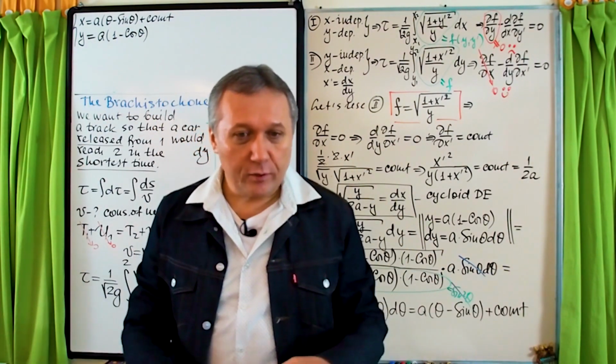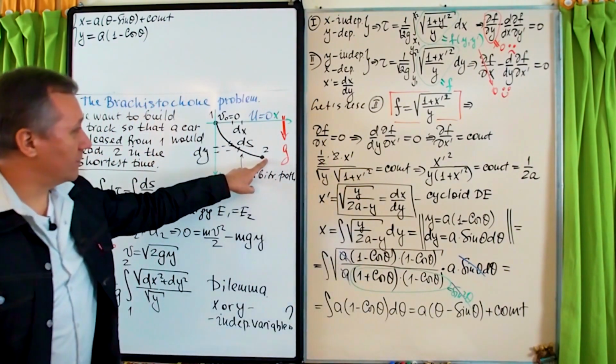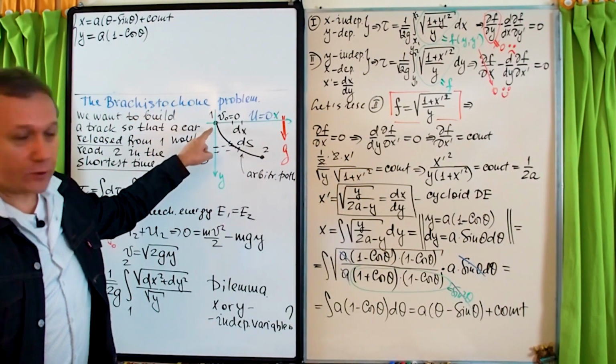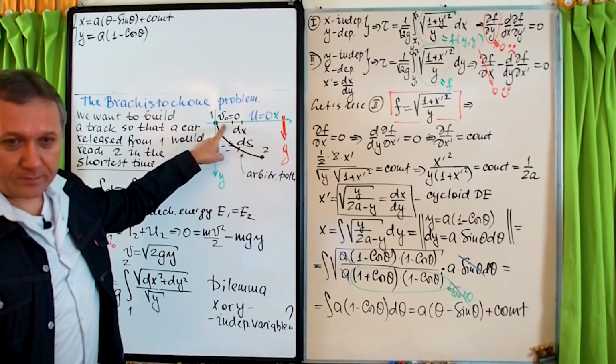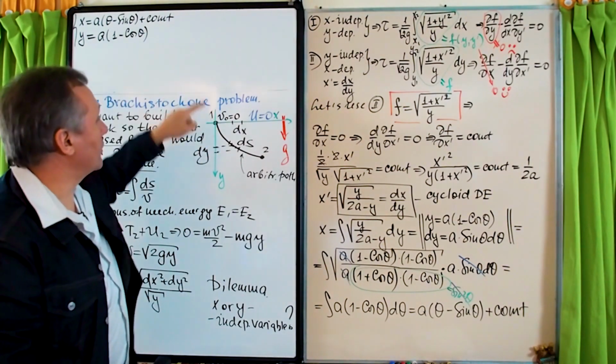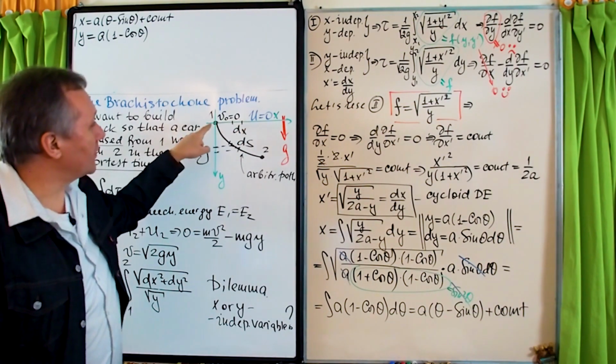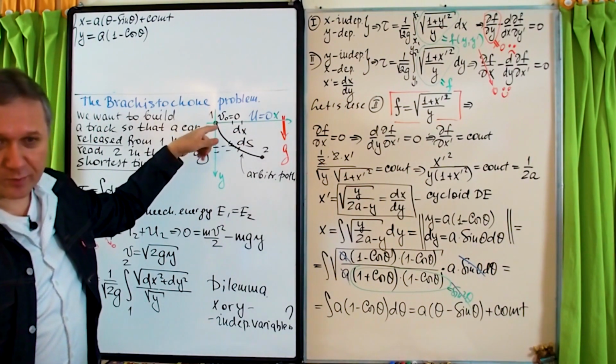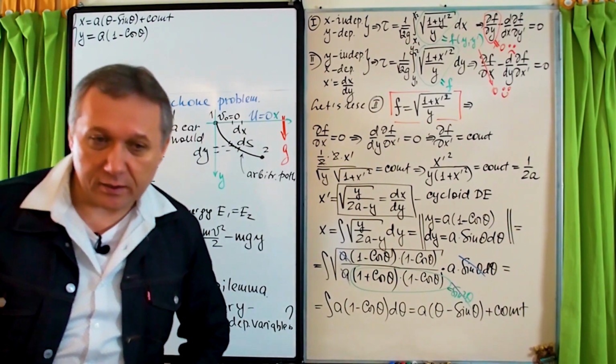So two constants of integration, a and that constant. Of course, they can be found using the endpoints, right? This and that. So we know the initial conditions. So let's apply them in order to find this constant. We know that when x equals 0, y equals 0, because we position the origin at the initial point.